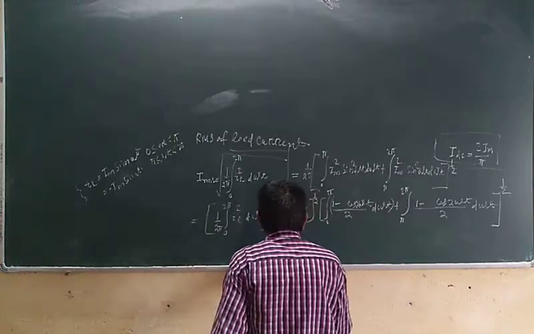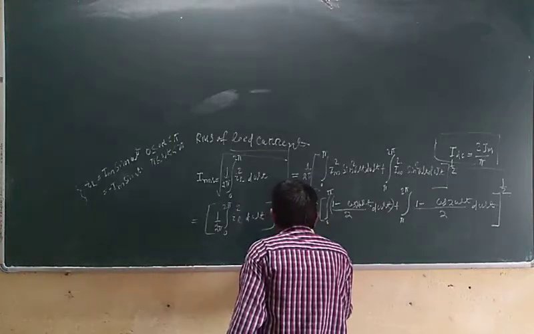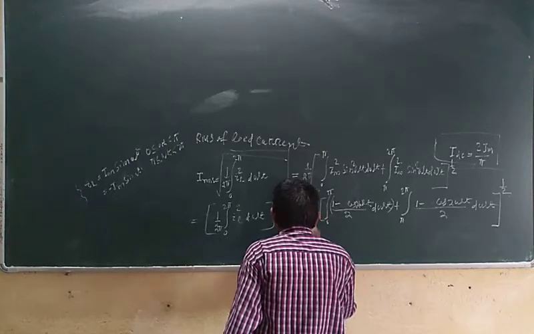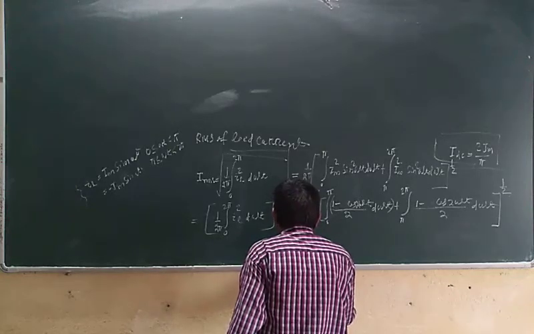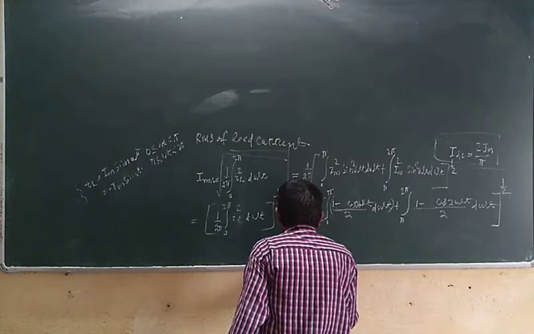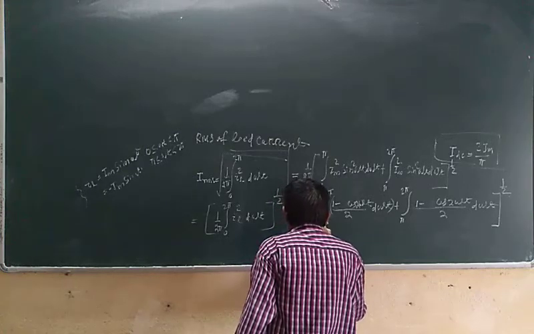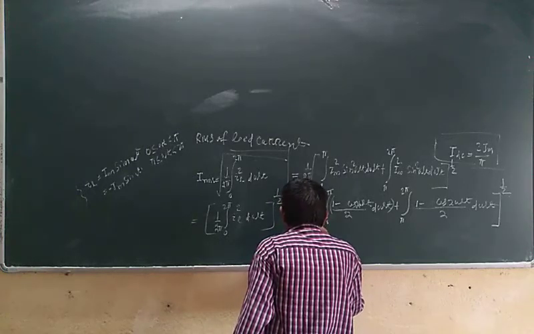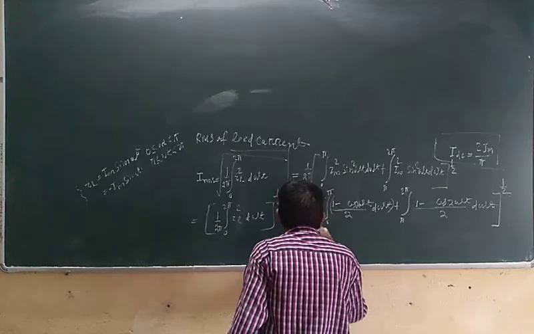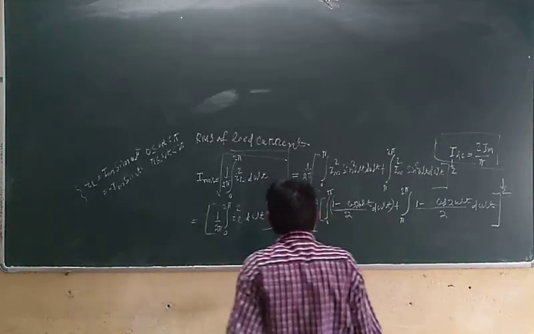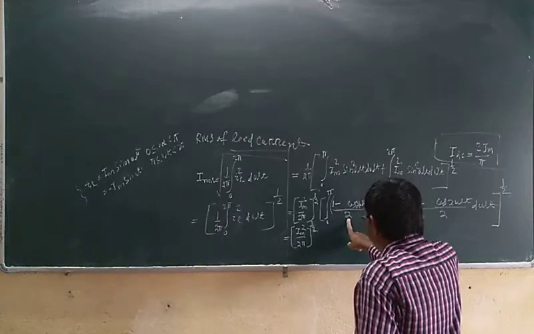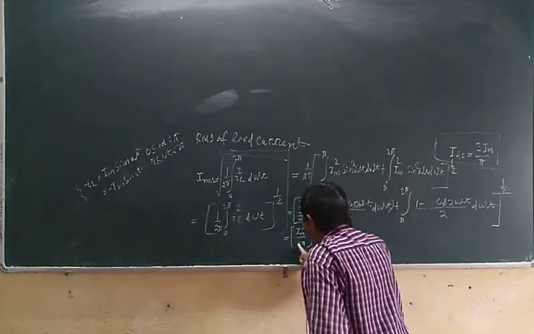Now again equal to Im square by 2 pi, into 1 by 2. Here this is 2 and this is 2, that is 4 pi.